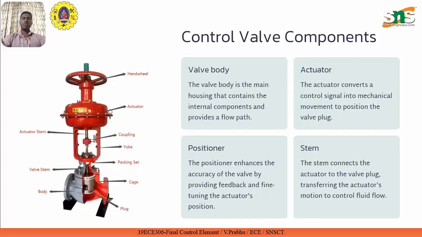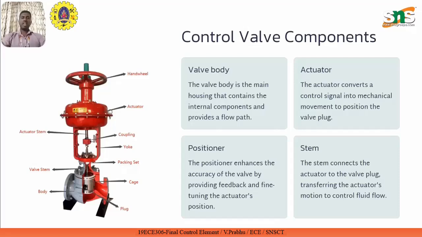Now, in order to control the movement of this plug, we have an actuator. It is the topmost part in the control valve. We give a signal from the controller, which is converted from an electronic signal into a pneumatic value. This pneumatic pressure is applied to the actuator, in the case of a pneumatic valve.